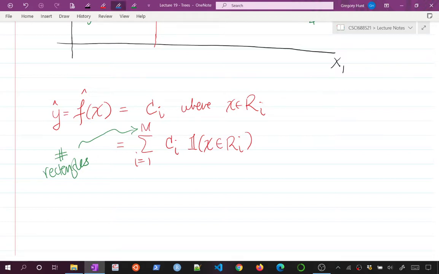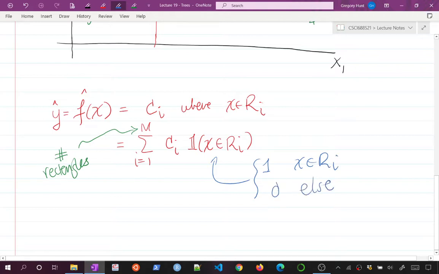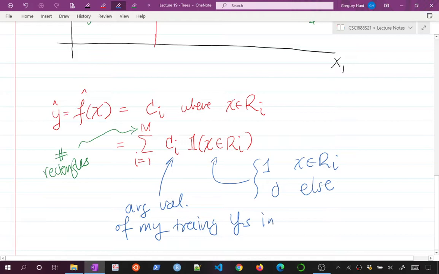My indicator here is obviously 1 if x is in Ri, and 0 if it's not. And the ci is going to be the average value of my training y's in rectangle i.